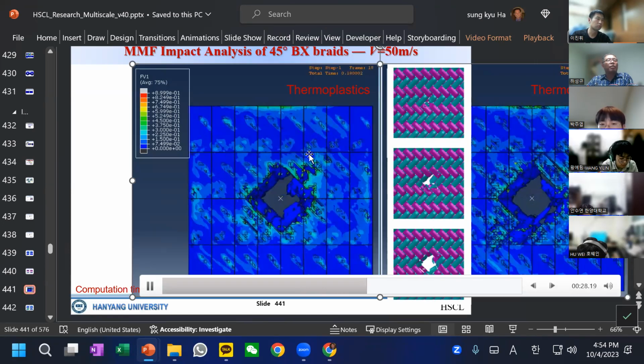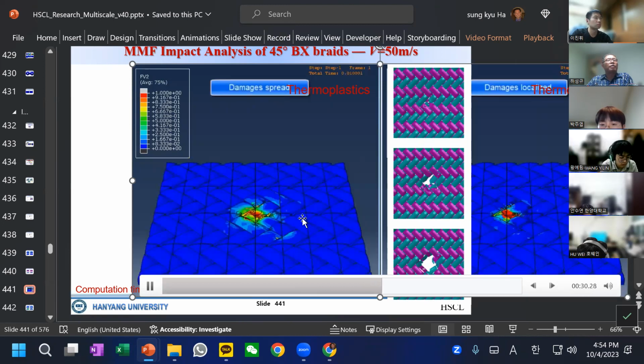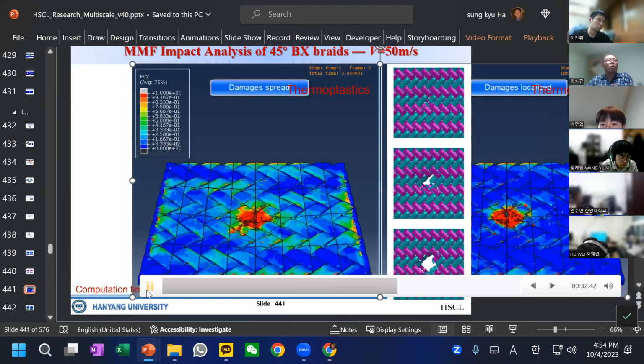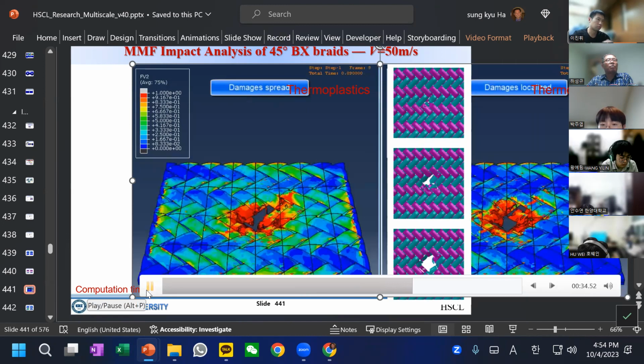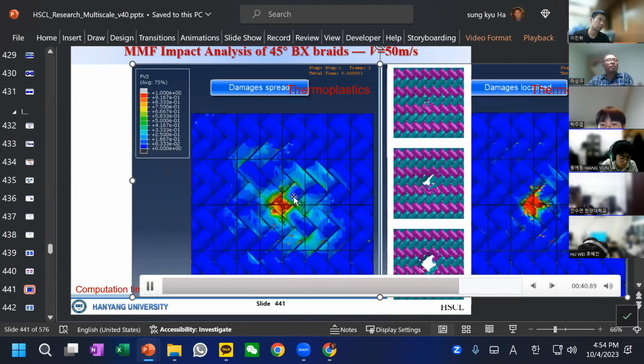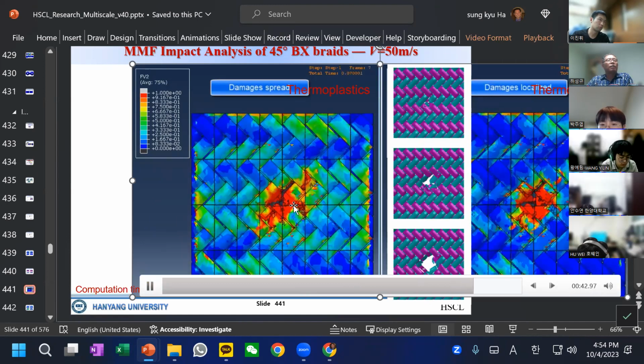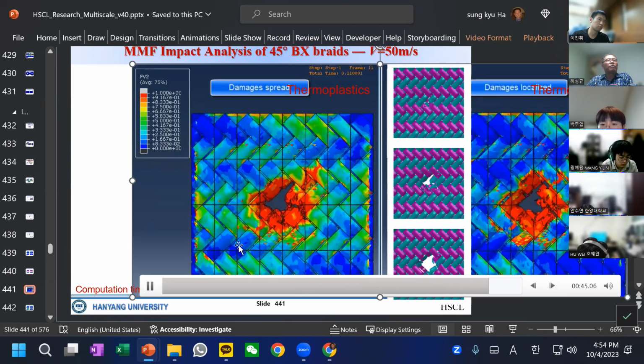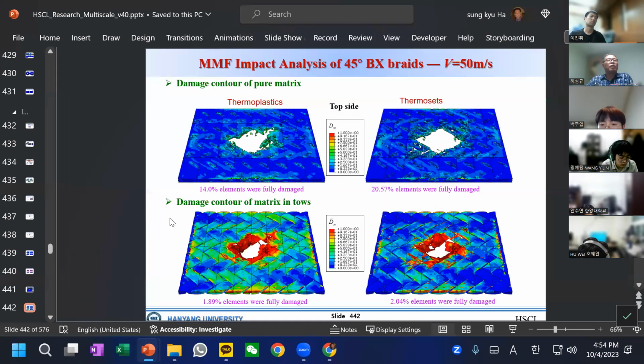They are wearing this kind of protective jacket, or it can be structures of the aircraft, or structures for the pressure vessel, a hydrogen tank under bullets. These we can simulate.